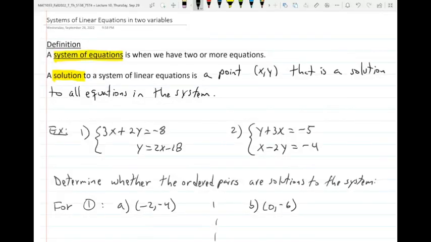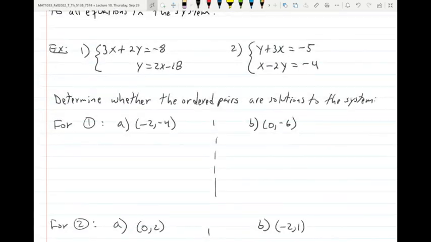All right. So let's first try this. Here are some systems, and I'm going to give you some points. I want you to tell me if the points are solutions to the system or not. If I already give you the point, how do you determine that? Let's focus on number one, the first system, and the point (-2, -4). How do you determine whether this is a solution to the system or not?